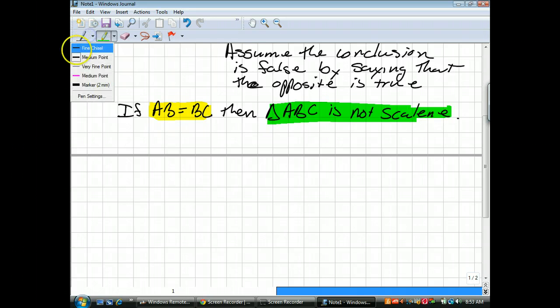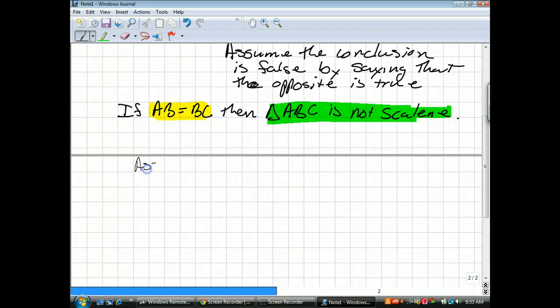So if I wanted to write an indirect proof, my first line, and by the way, indirect proofs are usually done in paragraph form, we would start out by saying, assume temporarily that triangle ABC is scalene.